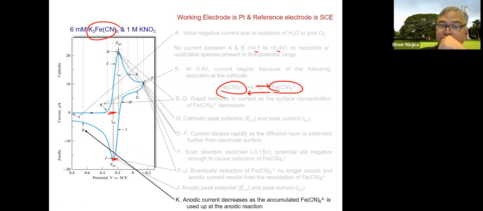So here you use a platinum working electrode, and the reference electrode is SCE. The system that you're looking at is K3Fe(CN)6 in 1 molar KNO3 supporting electrolyte.